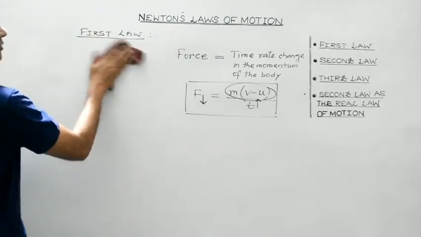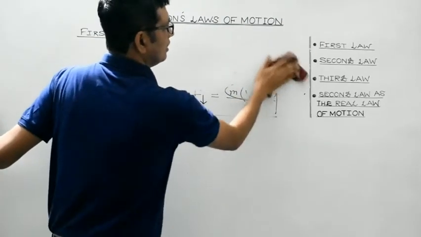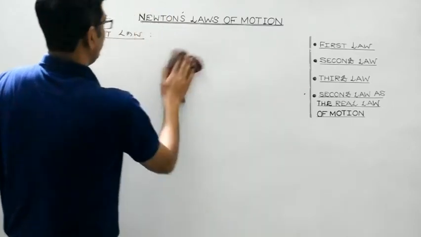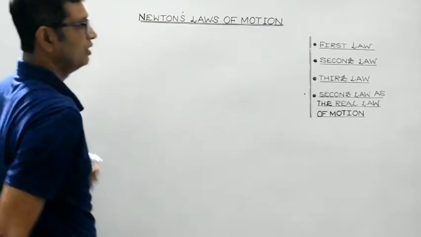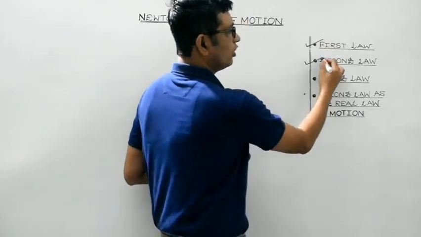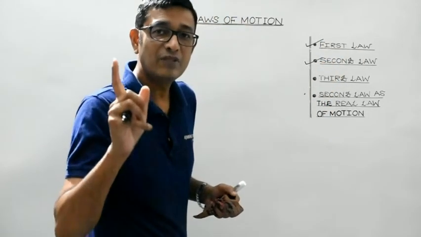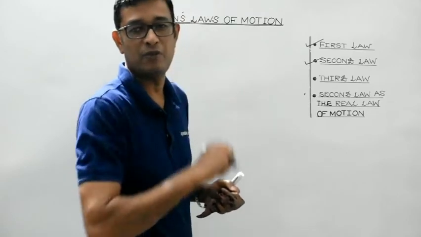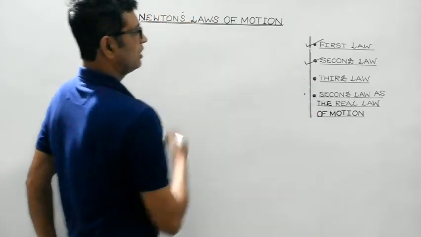So now, after discussing these applications, we need to discuss the third law as well, right? We have discussed the first law, it's based on inertia. Second law, it's based on the time rate change in the momentum of a body. Now the third law, a very interesting one.